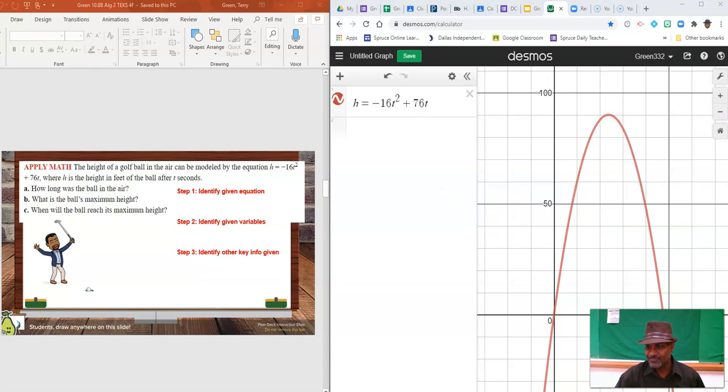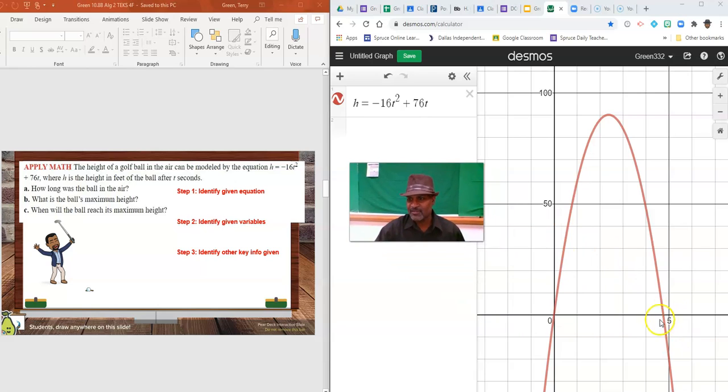Oh, you know what? It's trying to move me around. There we go. All right. So if I click right here, notice the x-axis is the timeline. So that's telling me that the ball is back on the ground in 4.75 seconds.